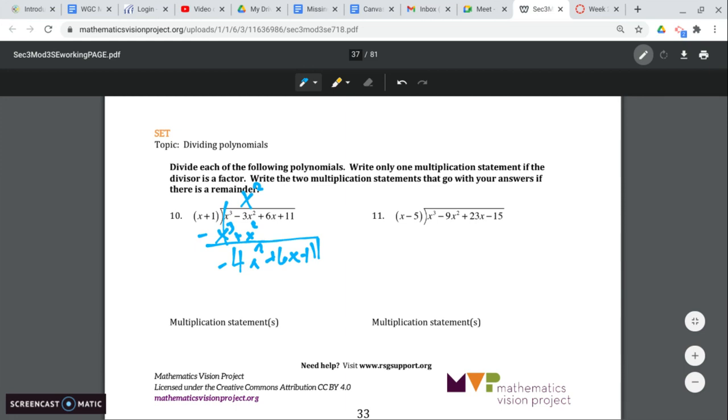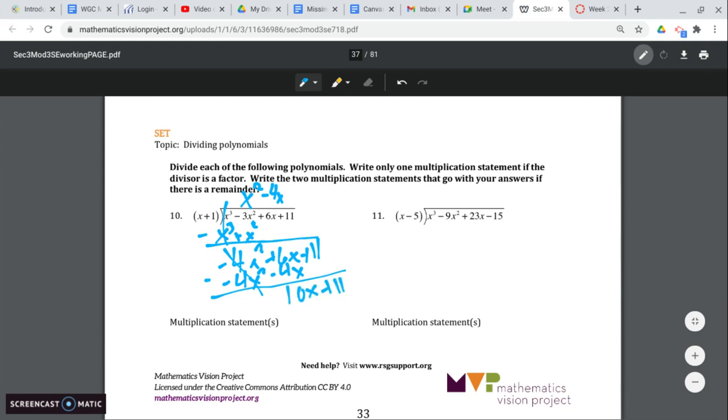So what do we have to multiply to x to get to -4x squared? Well, that would be a -4x. So that gets us our -4x squared when we actually multiply -4x. So these cancel. 6x minus -4x is going to be 6x plus 4x, which is 10x plus 11.